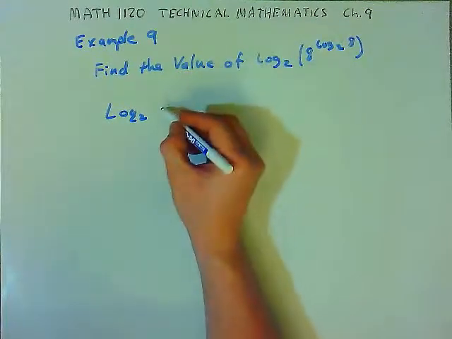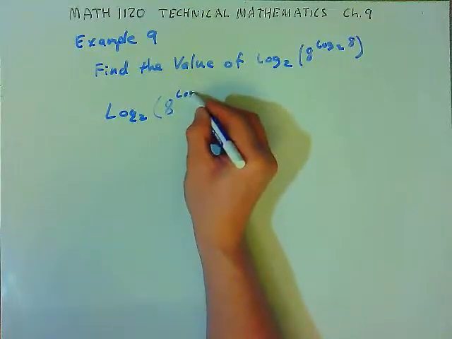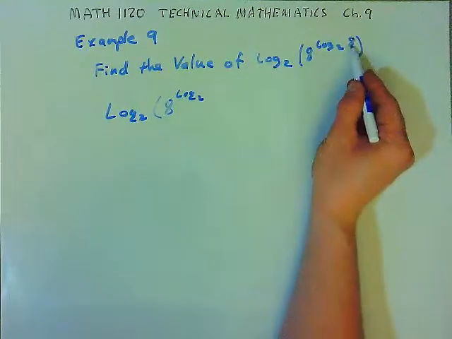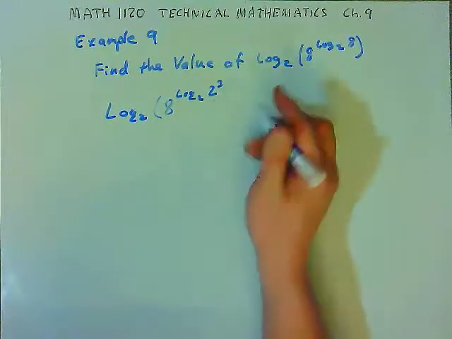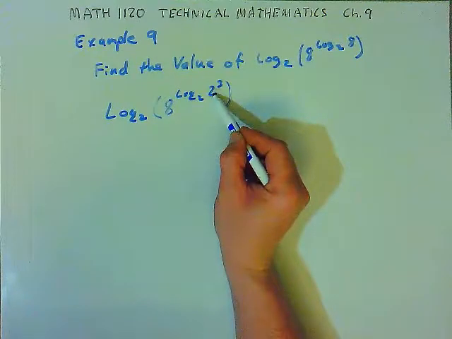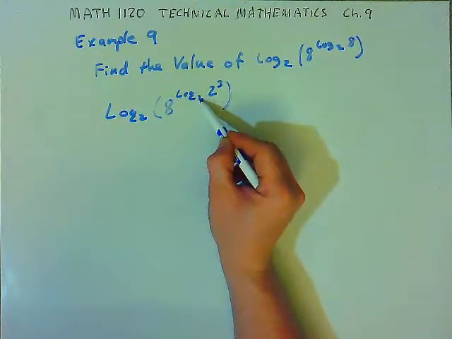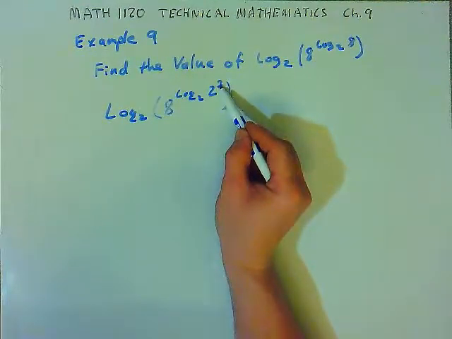So what I mean is, if we're taking log base 2 of 8 to the power of log base 2, if I rewrite 8 as 2 to the third power, because 2 times 2 times 2 is 8, that's going to make the log base 2 and the 2 cancel. Right? So anytime we take the log of some base of a number that is the same as that base, it cancels and we're going to be left with just the exponent.